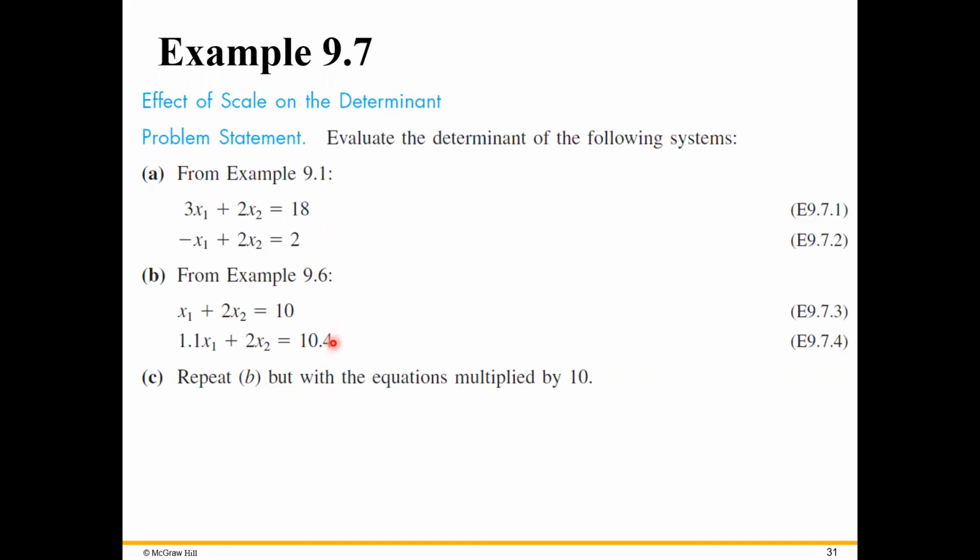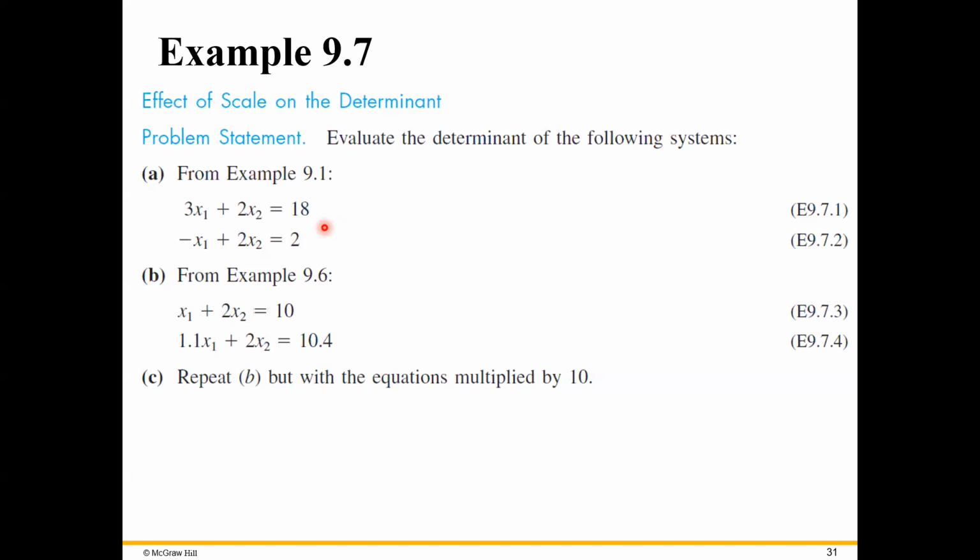If you remember, if you multiply any row of the system by some scalar, then the determinant is also multiplied by the scalar. This we have already seen in the linear algebra course.